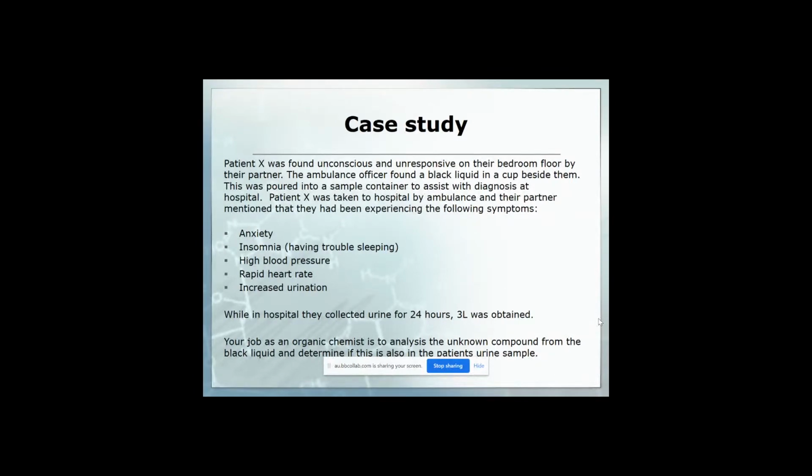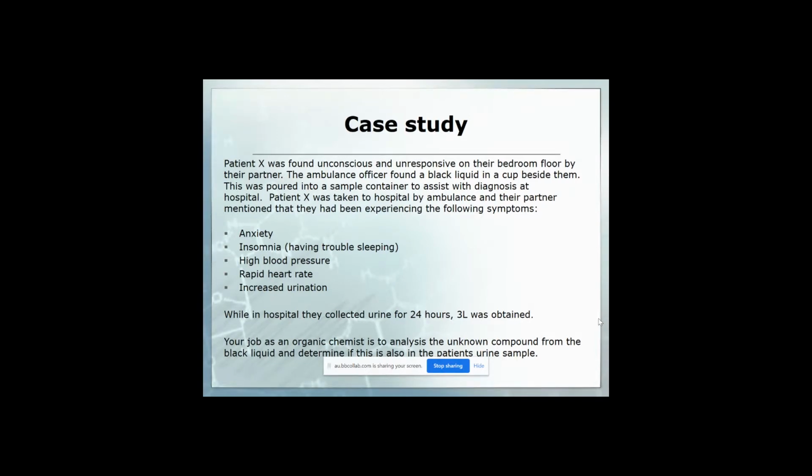So we have our case study here, and we have patient X was found unconscious and unresponsive on the bedroom floor. And when the ambulance officer came in, they found a black liquid in a cup beside them. They poured that into a container so they could use it in hospital later on to analyse and work out what it actually was and to determine if it's also in their system.